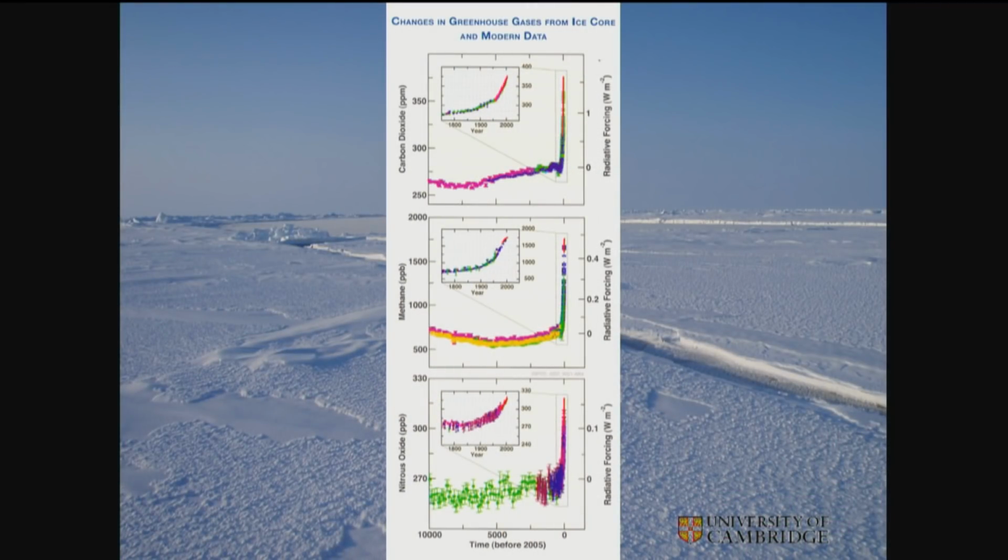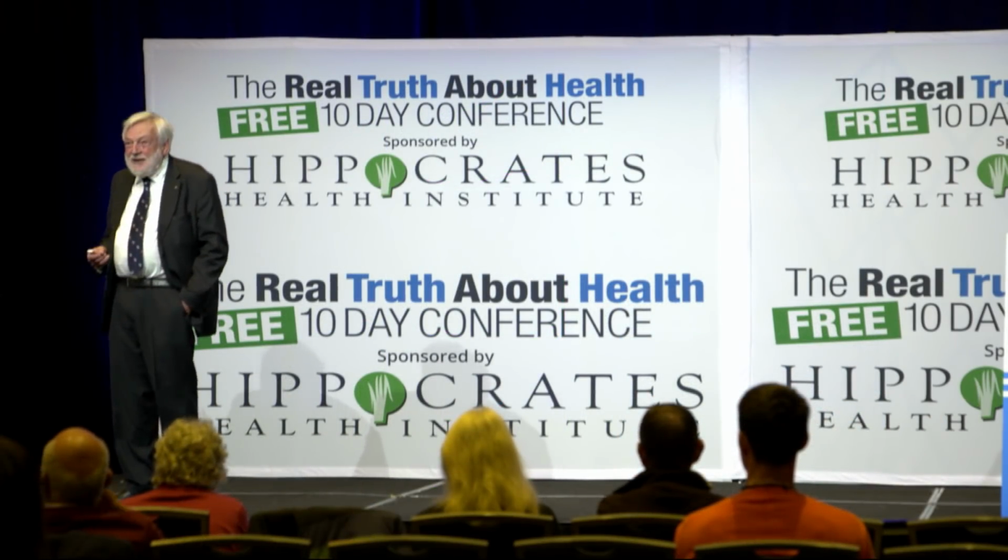So we were up at this sort of 280 level, which was natural, and then about 1850 we started to burn coal, and everything was coal-fired in the early Industrial Revolution. Of course, then we started to burn oil as well, but coal was the starter.